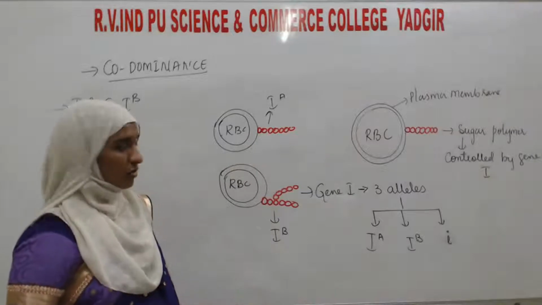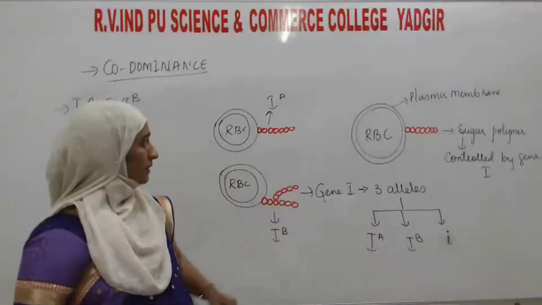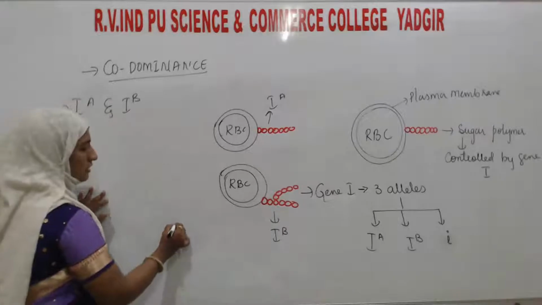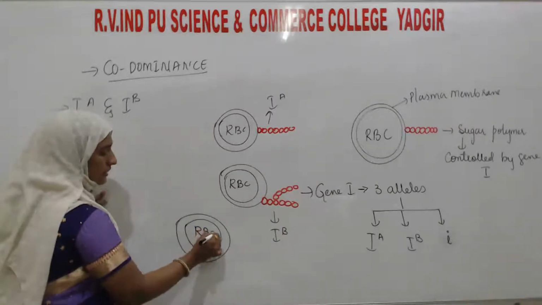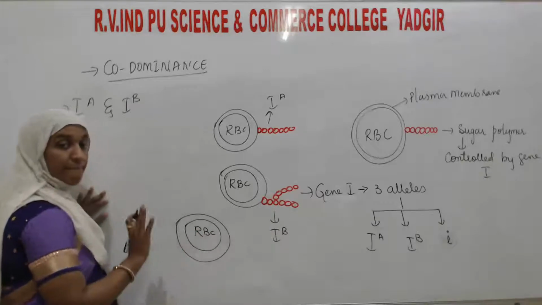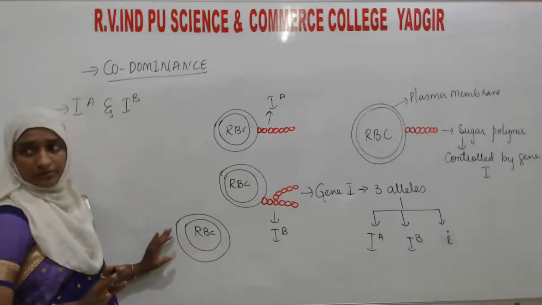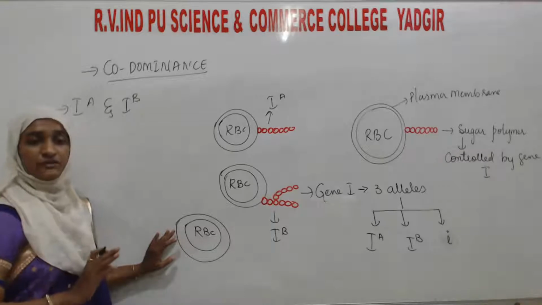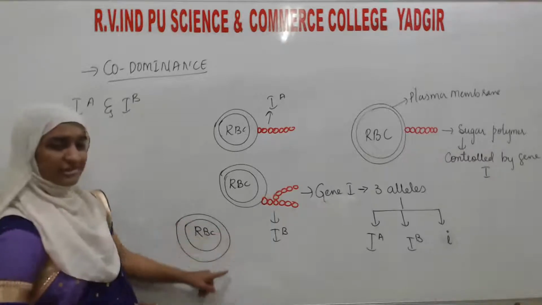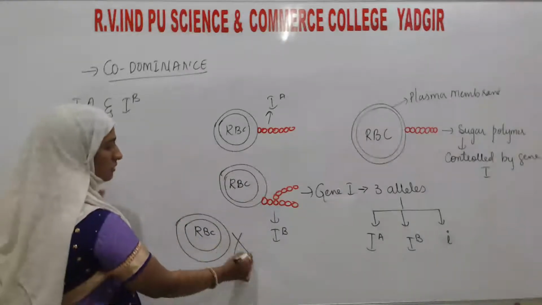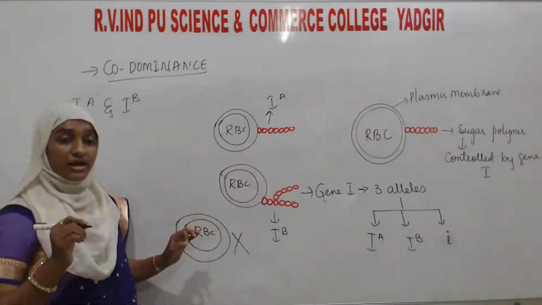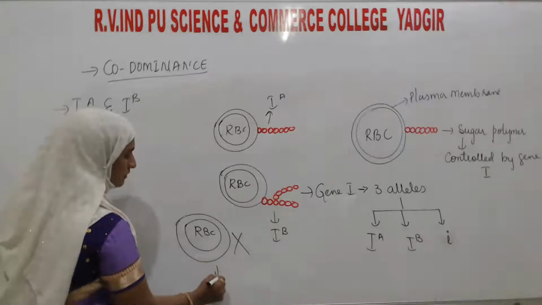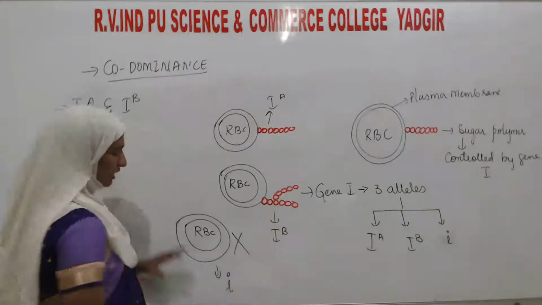One more allele is there, that is the small i. So here you see, this is the RBC and this is the plasma membrane, but there is no sugar polymer. There is no production of sugar polymer. Can you see any polymer here? No.